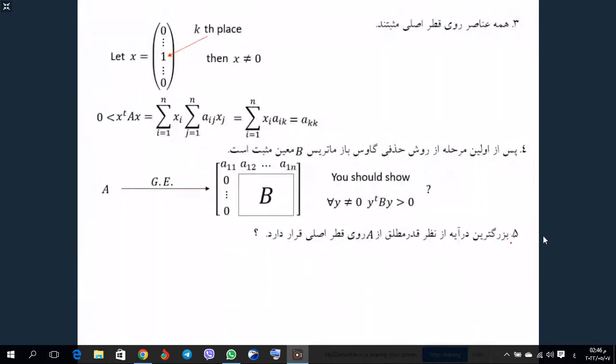Again, another property of positive definite matrices: the largest entry in absolute value of matrix A is on the original diagonal. The greatest entry in absolute value is on the main diagonal.